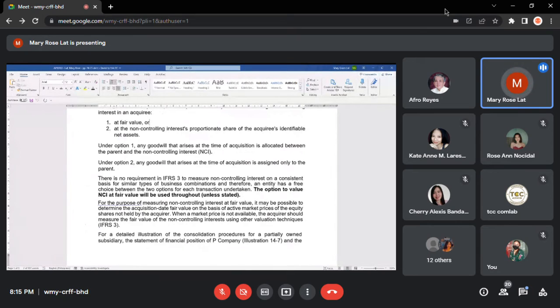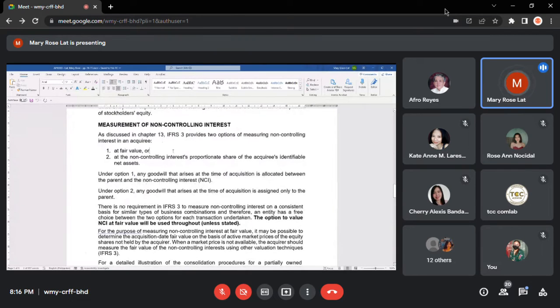For the purpose of measuring non-controlling interest at fair value, it may be possible to determine the acquisition date fair value on the basis of active market prices of the equity shares not held by the acquirer. When a market price is not available, the acquirer should measure the fair value of the non-controlling interest using other valuation techniques, IFRS 3.